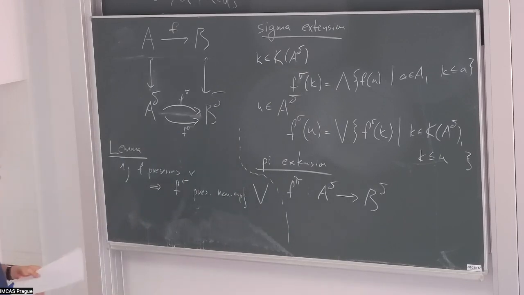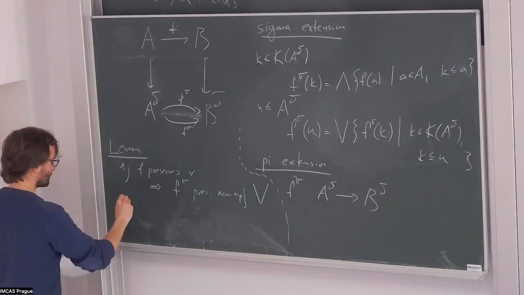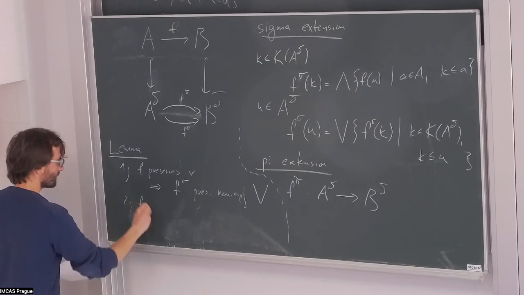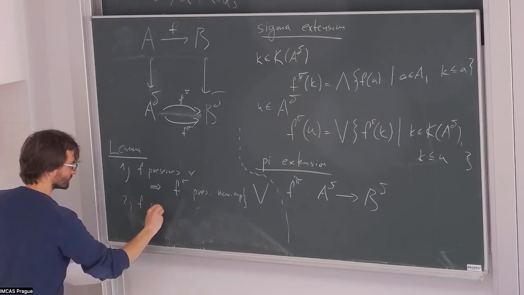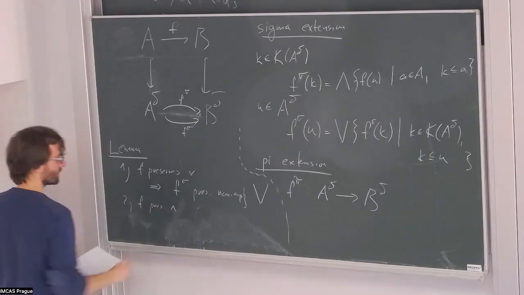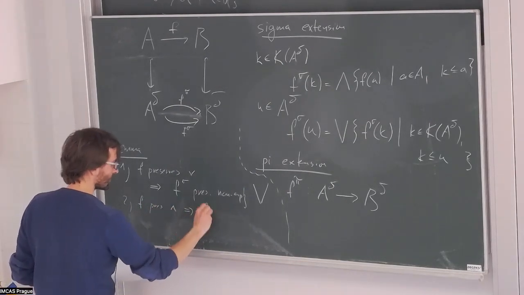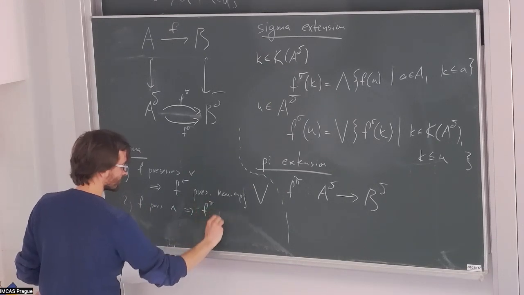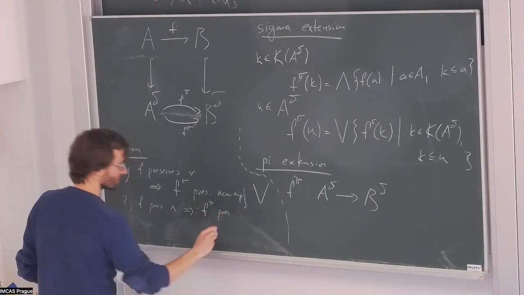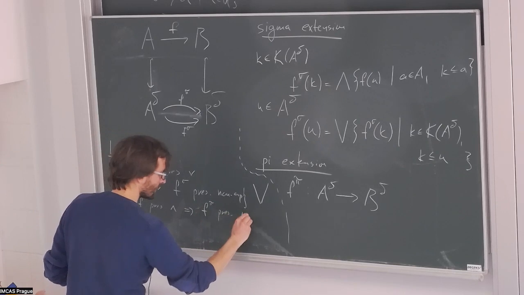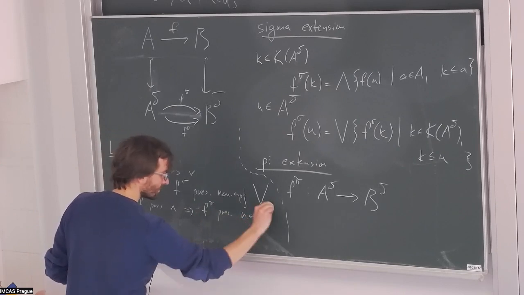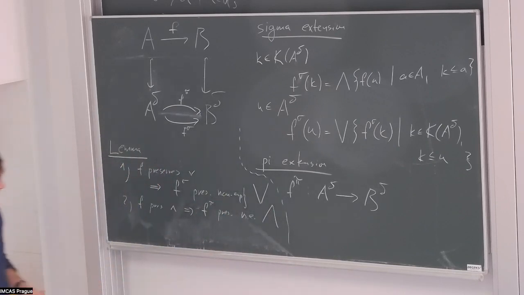And dually, you have the dual one: if F preserves binary meets, then F phi preserves non-empty arbitrary meets. It's arbitrary except for non-empty.